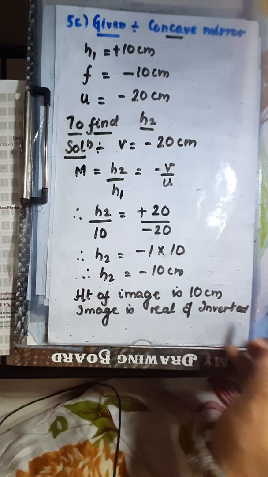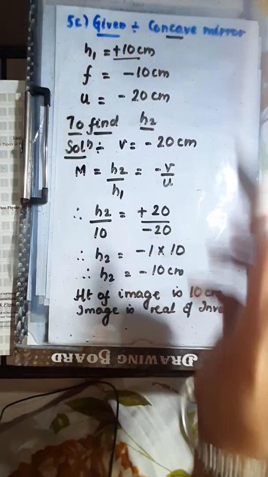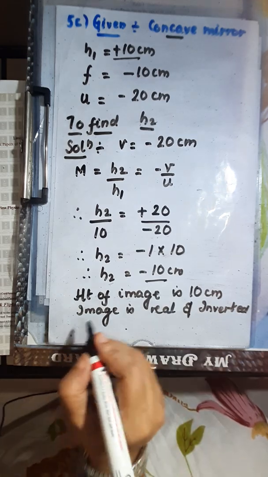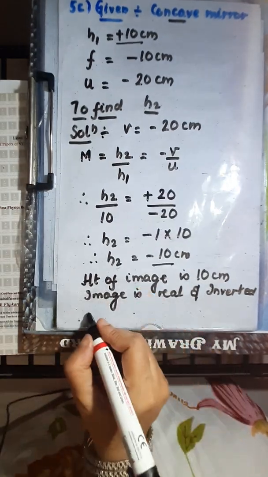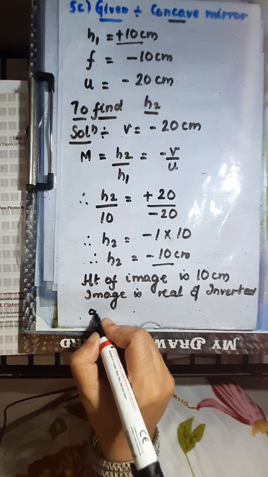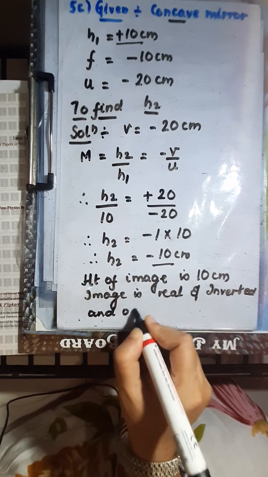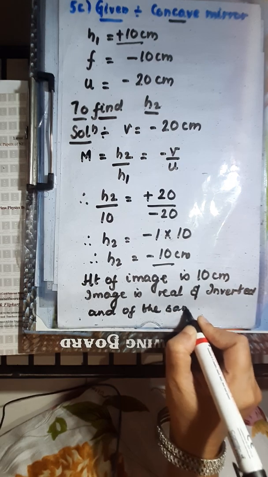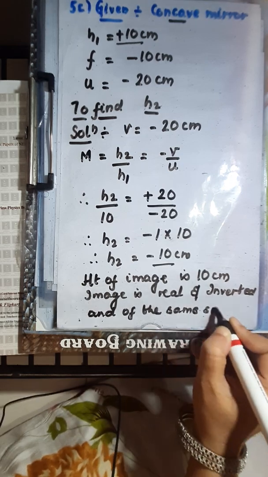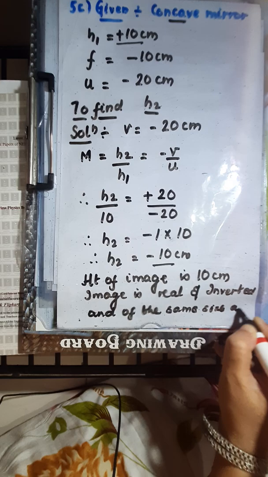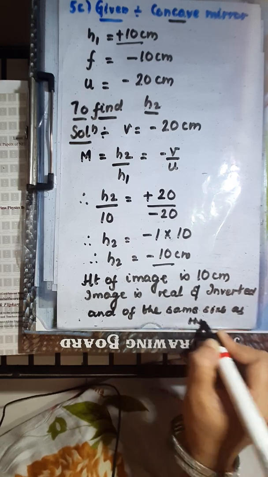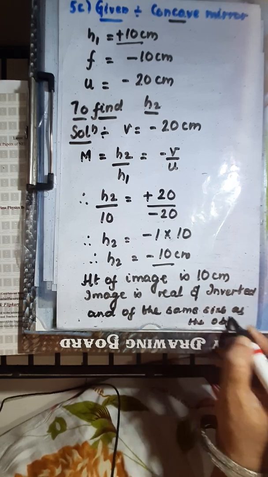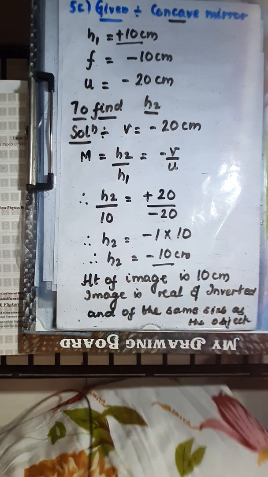Now they have not asked me, but H1 is also 10 and H2 is also 10. So just for our understanding, image is of the same size as the object.